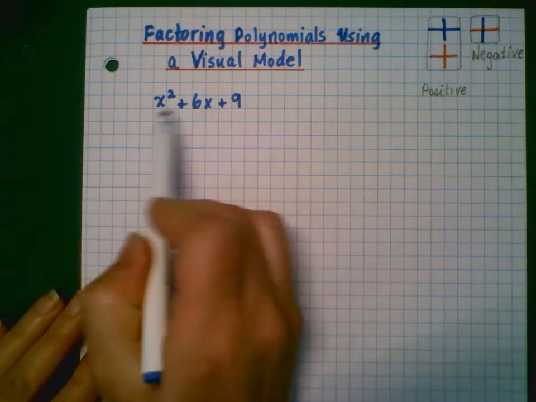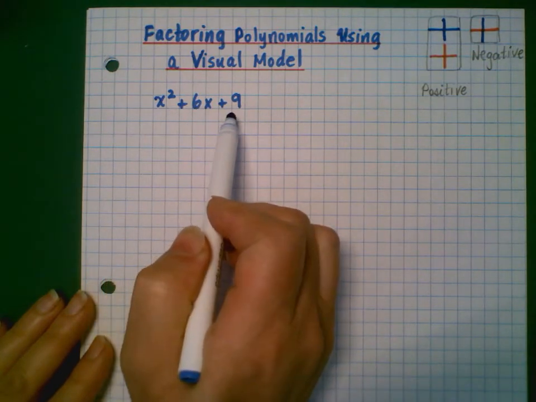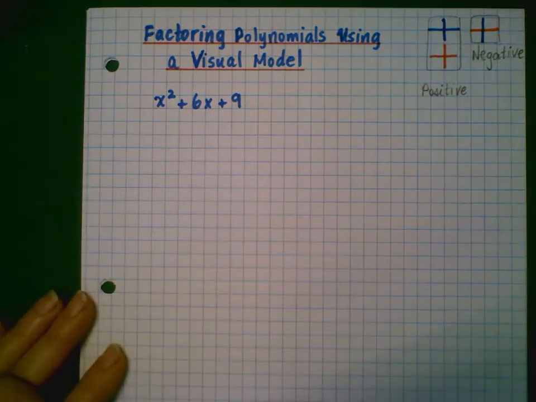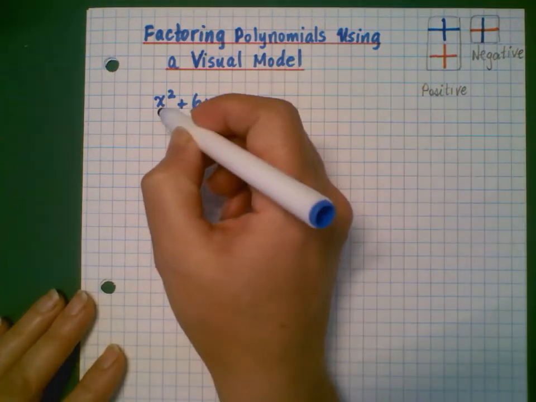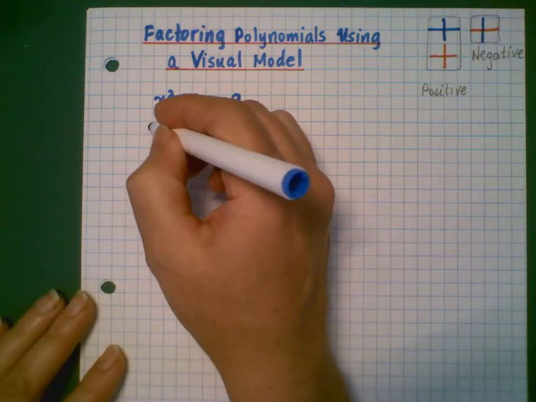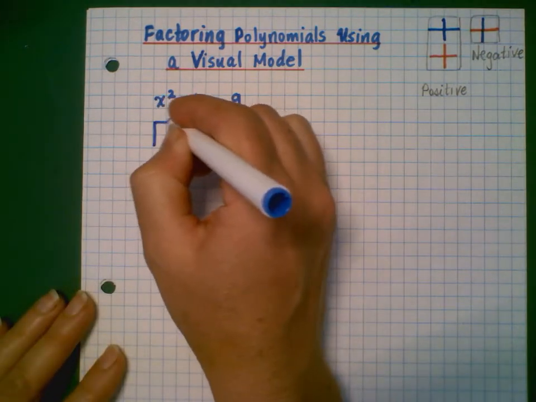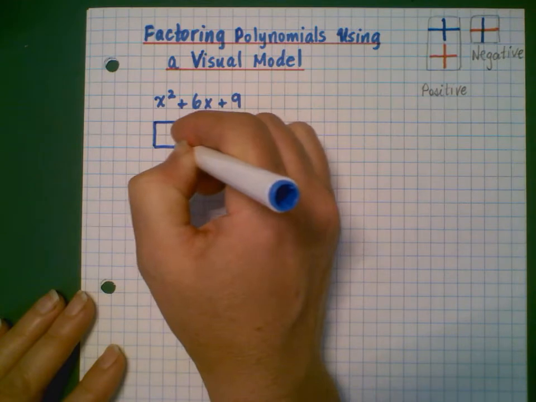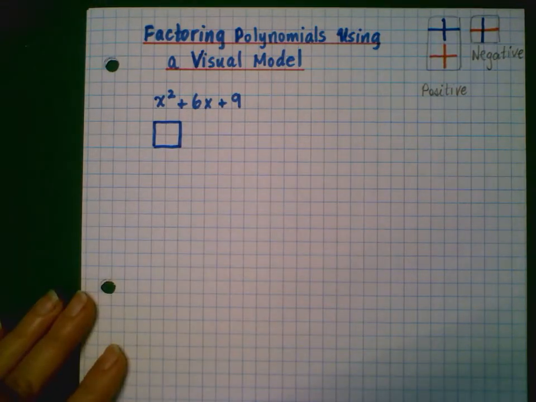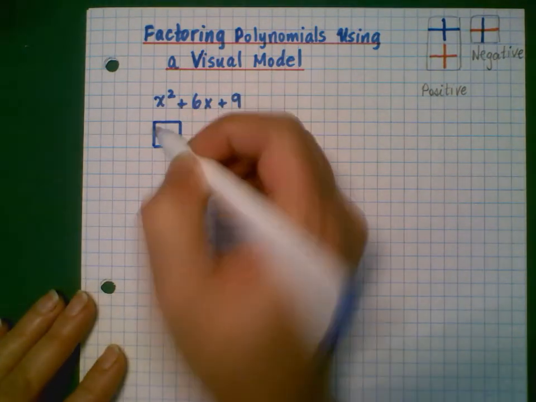So in this expression, x squared plus 6x plus 9, all of the terms are positive, so everything that I do is going to be in blue in this first one. For the x squared, it doesn't matter how large I make the square, I'm just going to randomly make a little square. So that's my first term.